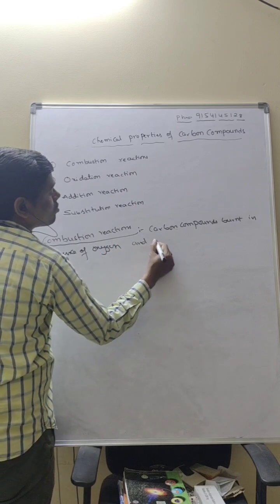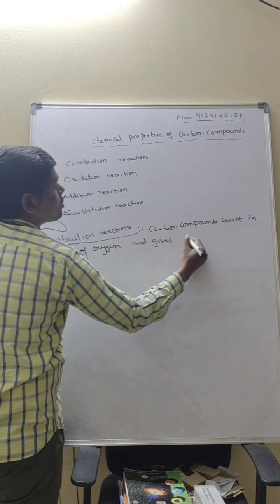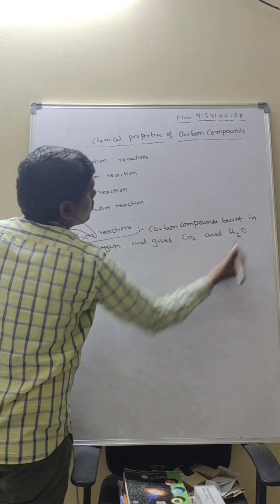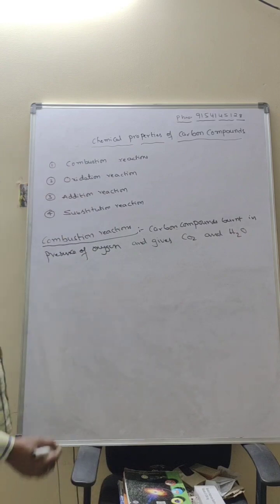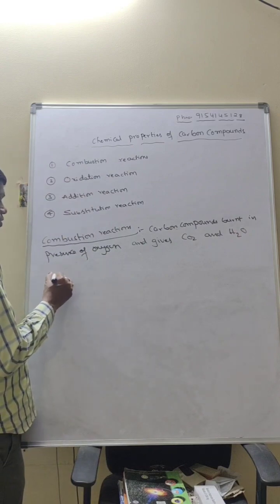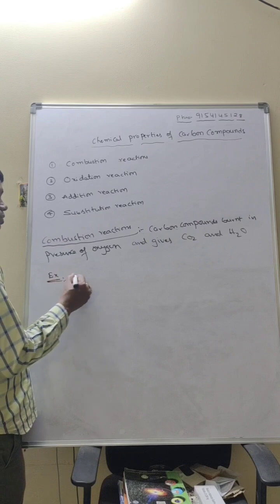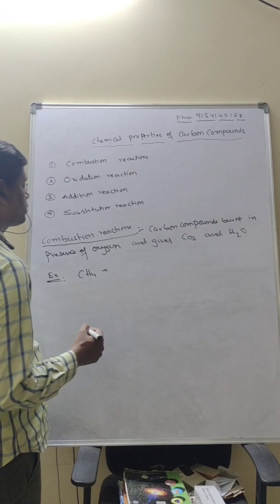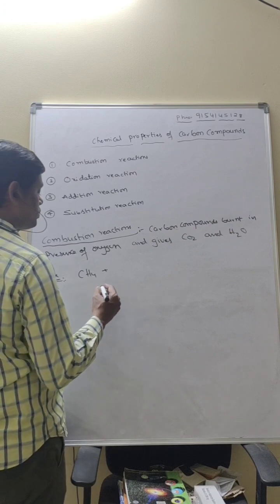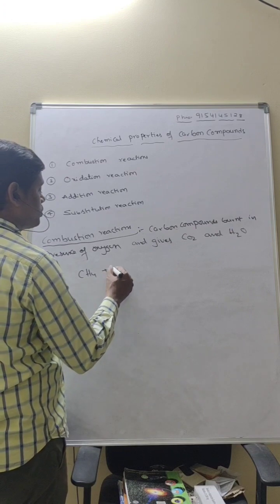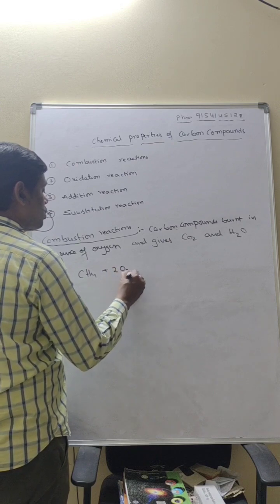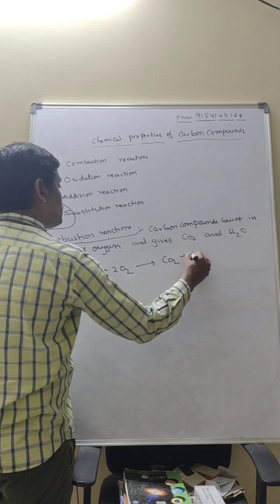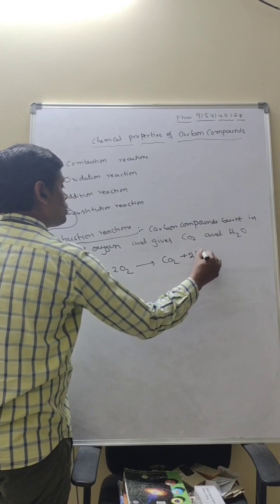Example: CH4 plus 2O2 gives CO2 plus 2H2O.